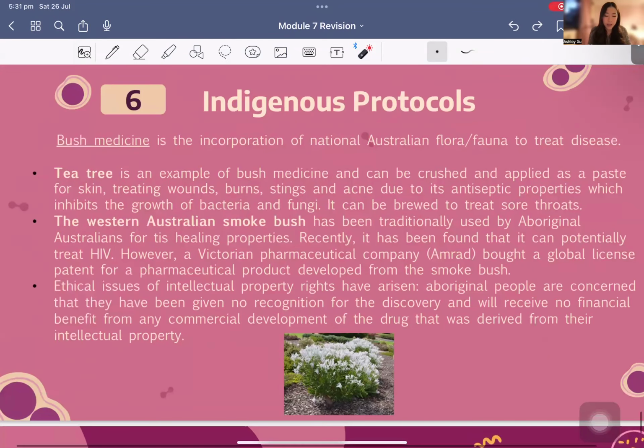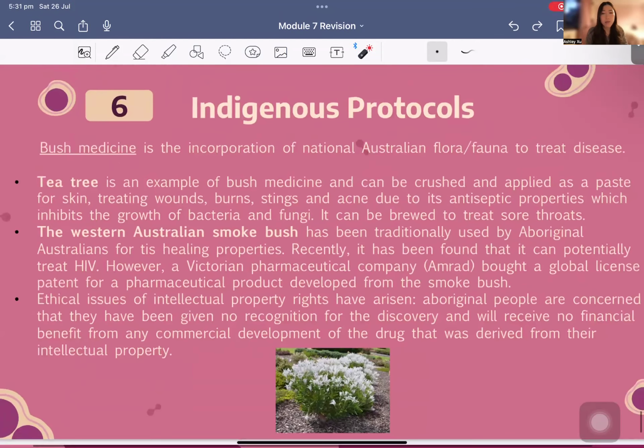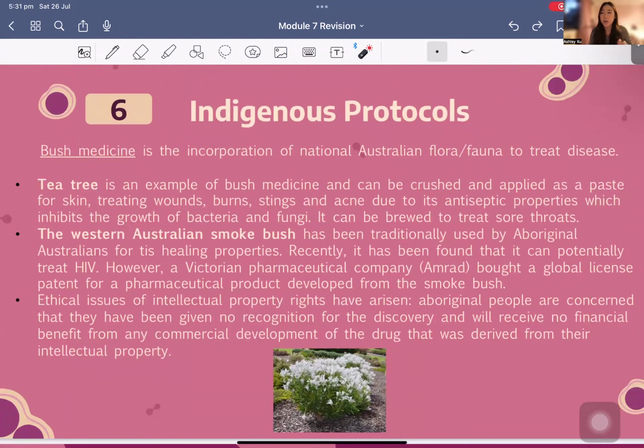In this case study, the Western Australian smoke bush, this case study is very commonly referenced in trial papers and the HSC. Why? Because it is an application of Indigenous medicine and also intellectual property. Intellectual property just means property that you own that is knowledge.